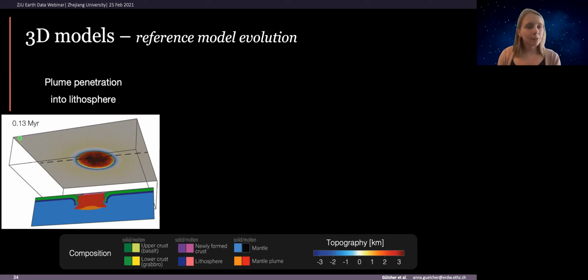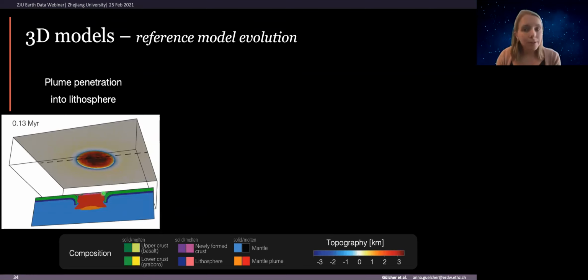So basically, soon after the onset of model evolution in our reference model, the buoyant mantle plume rises and is buoyant enough to break through the lithosphere. It breaks up the crust as well, and it pushes the lithosphere to the side.